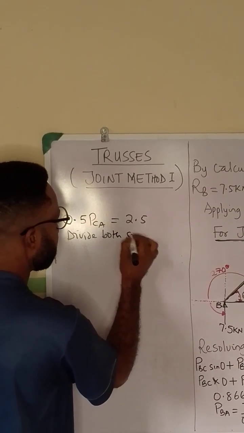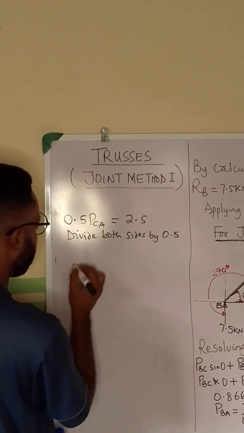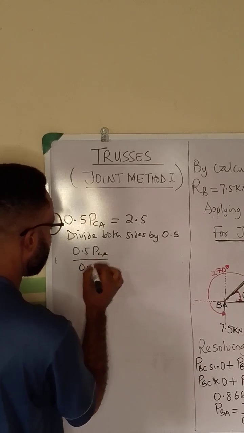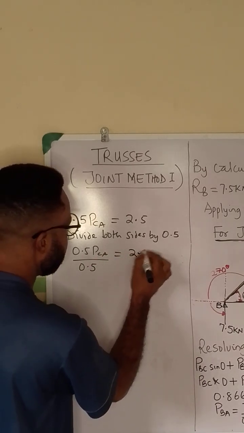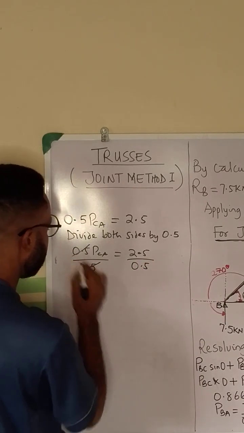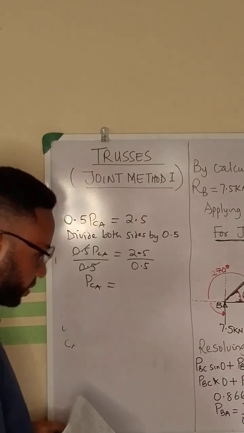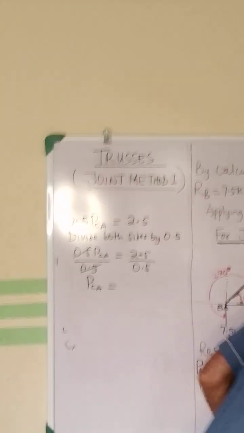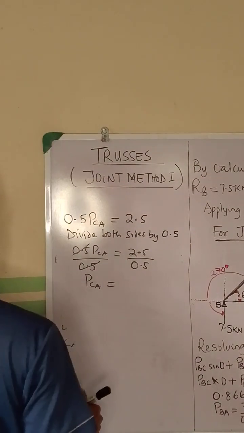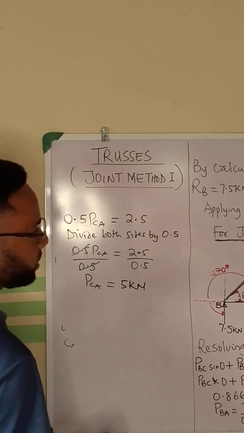When we do that, we have 0.5 PCA divided by 0.5 equal to 2.5 divided by 0.5. So our PCA, when you divide 2.5 by 0.5, is going to give you 5. So you have 5 kilonewton.